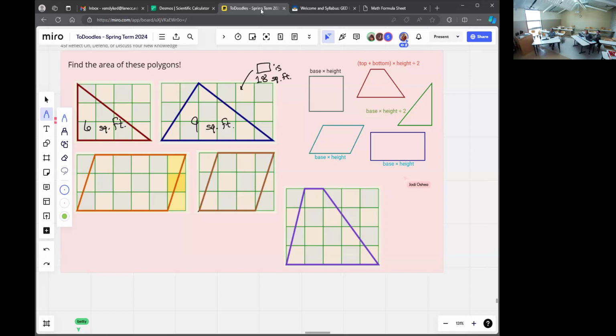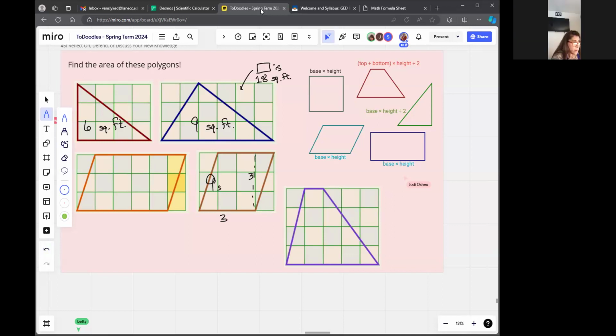So what is the length of the bottom of this one? It's 4, or, this part doesn't count though. 3, sorry, you're right. So this is 3, and then how tall is it? 3, so 3 times 3 is 9. It's actually the same size as the triangle we just did.